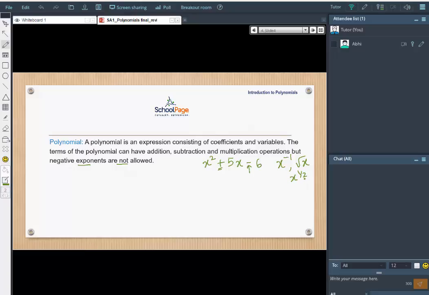So this is not allowed. And we cannot have 1 upon x also, because 1 upon x will also be x raised to minus 1. So when the expression has these terms, then we can say that it is not a polynomial.